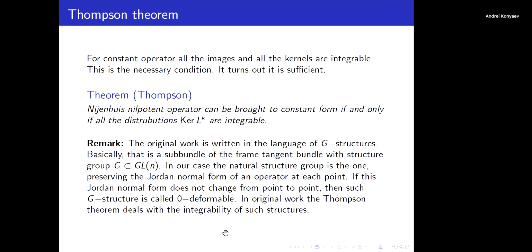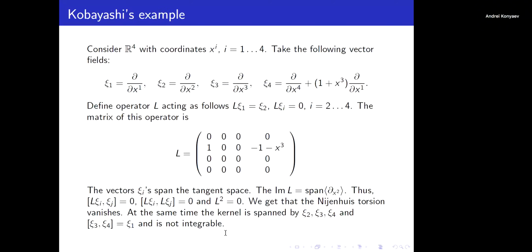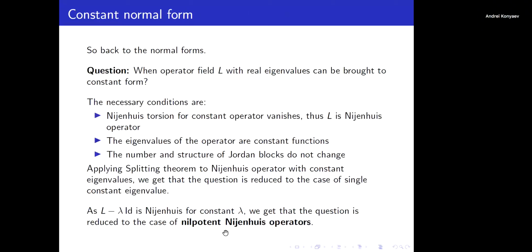So we know that the integrability of kernels does not follow from the vanishing of the Nijenhuis torsion, but in our case, it is still a necessary condition. So we can add it to the list of necessary conditions, the fourth one, right? So it's Nijenhuis torsion, eigenvalues are constant, etc., etc.